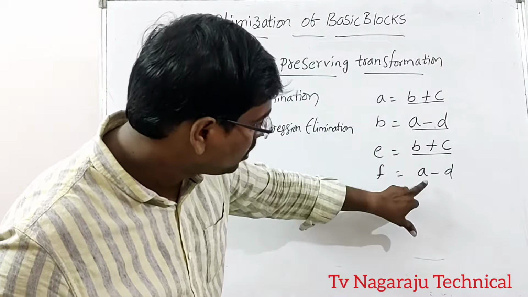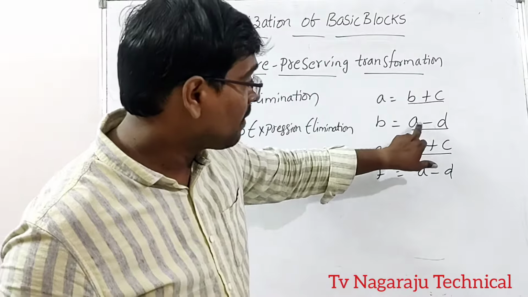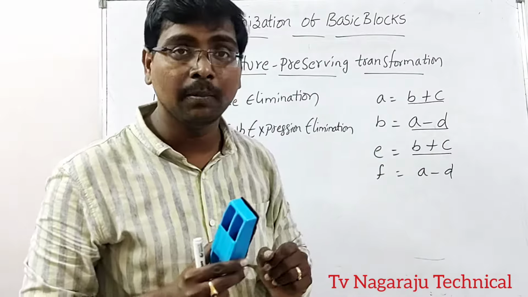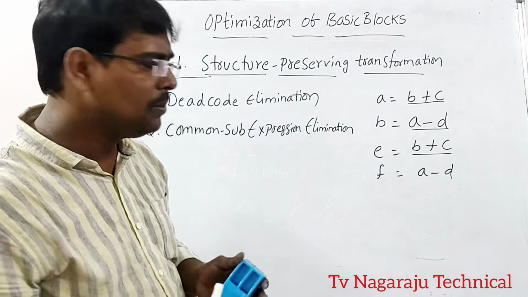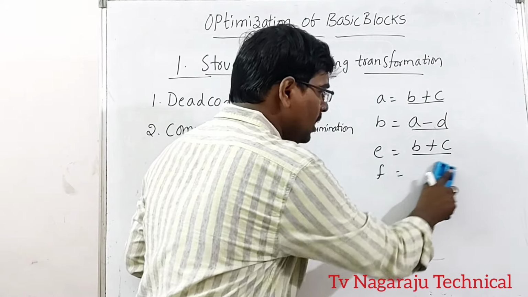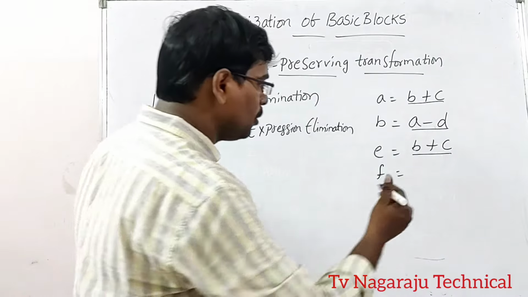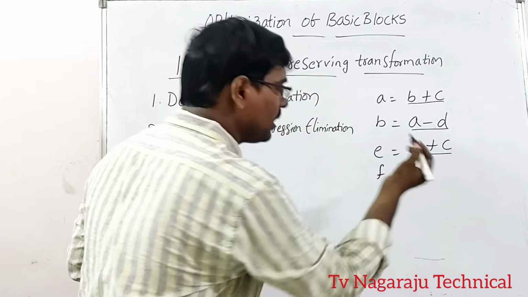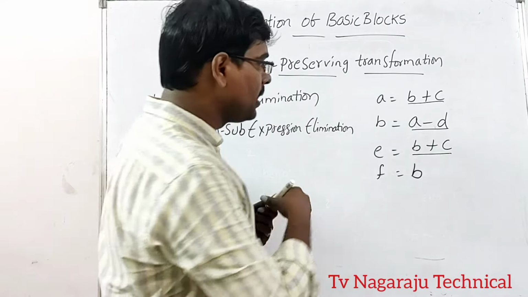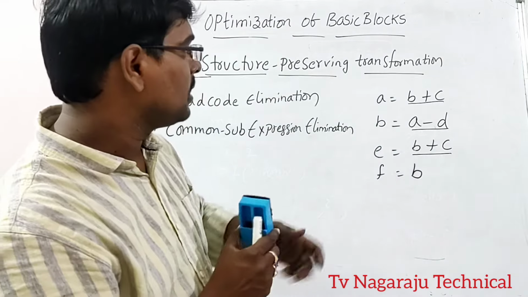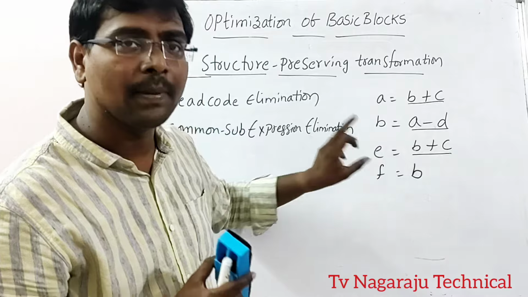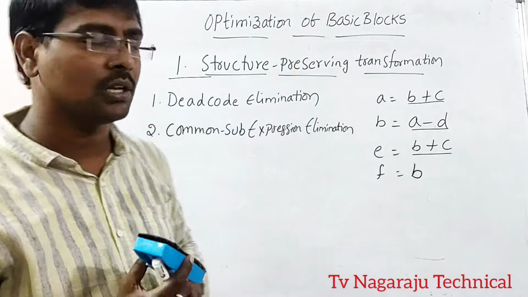From this position to this position, the values of a and d are not updated. So this is a common subexpression. How to eliminate? Simply instead of recomputing, directly write the value. Already a minus d is in b, directly write the value. This is common subexpression elimination.